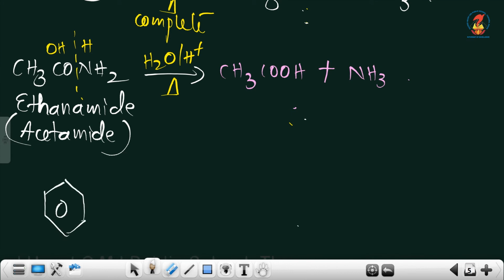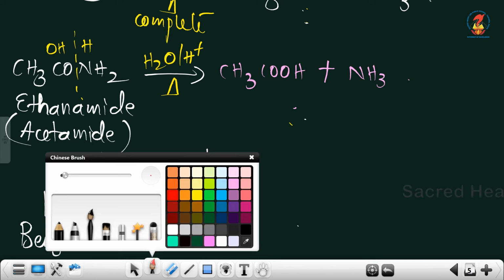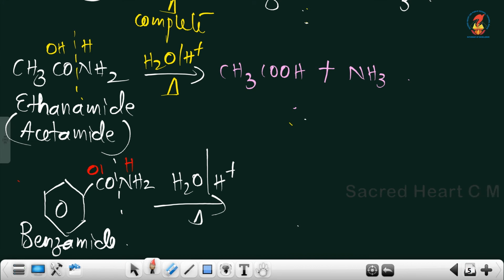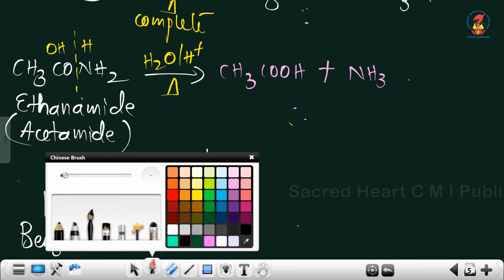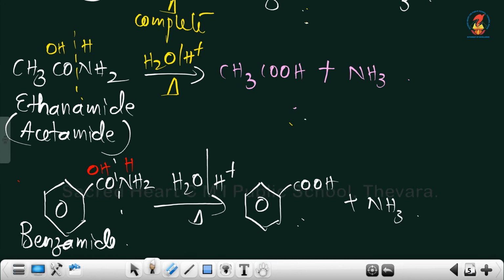Another example is benzamide, a benzene ring containing an amide group. On heating with acidified water, split here, add water as HOH, and we will be getting benzoic acid and ammonia.